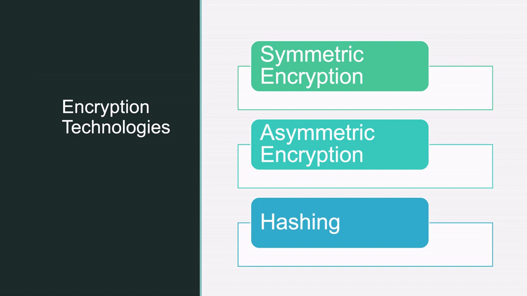If the data is tampered, when the other party tries to generate the hash value from the input or the file, the hash value will vary, or it will not match with the hash value that was generated on the source party. So these are the encryption technologies that are used in the background for SSH protocol communication.